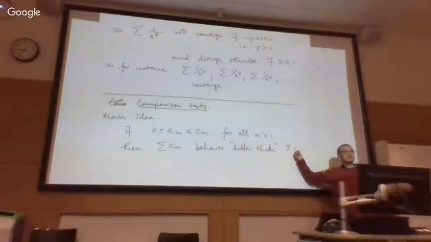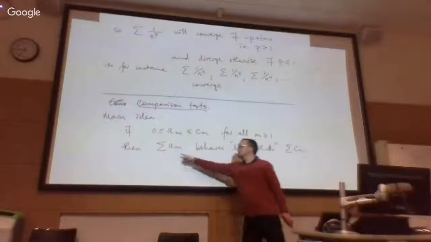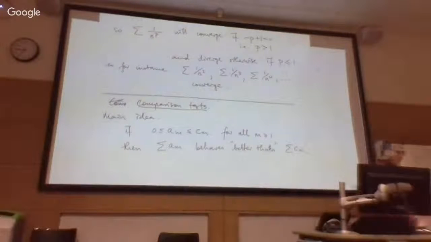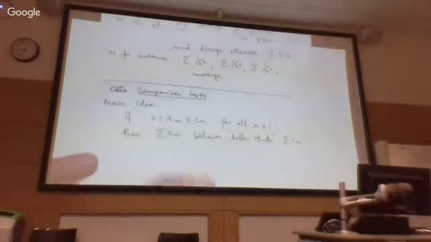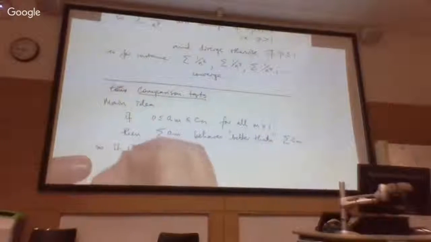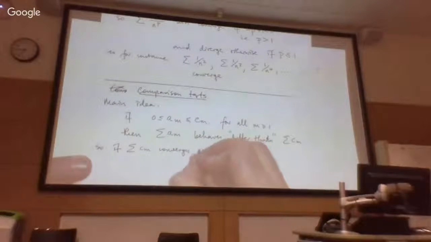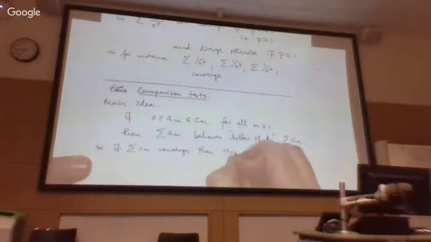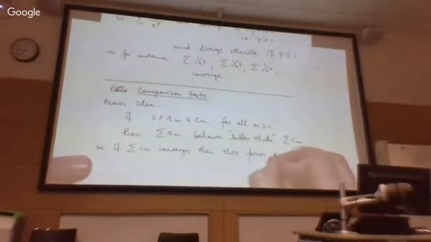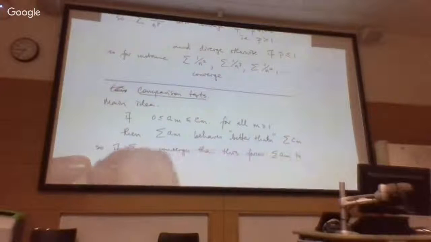So if these ones are converging, then the partial sums of a_m will be a bounded increasing sequence, and so they will have to converge as well. So if the sum of c_m converges, then this forces the sum of a_m to converge also.